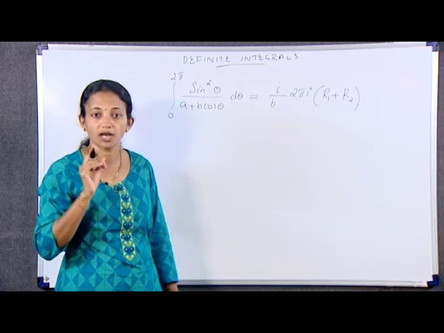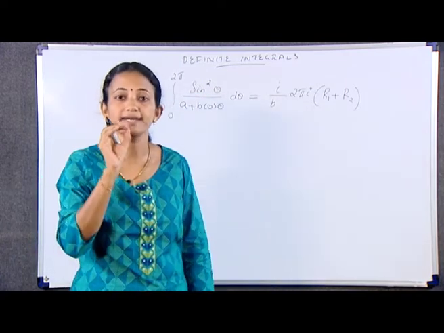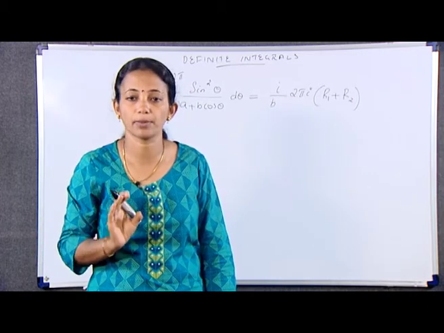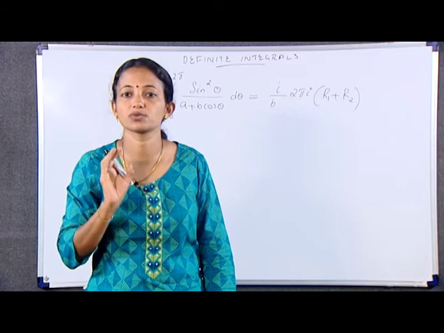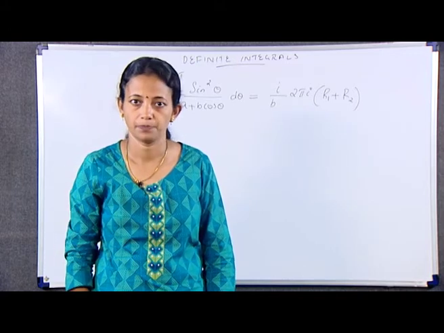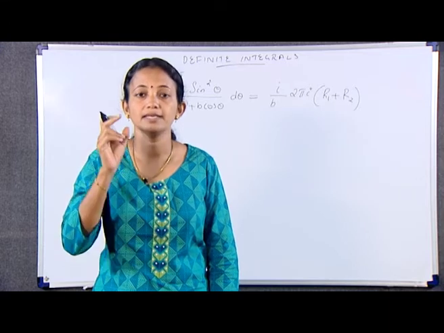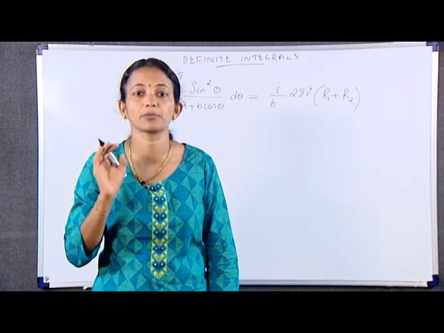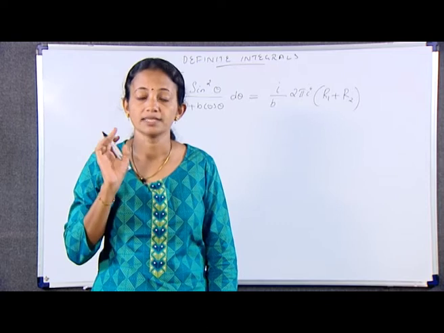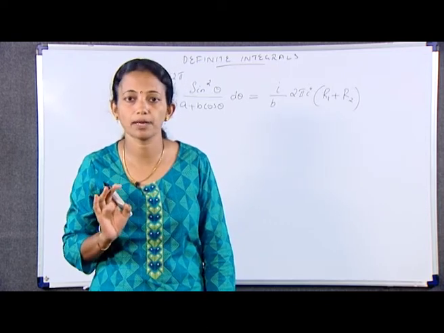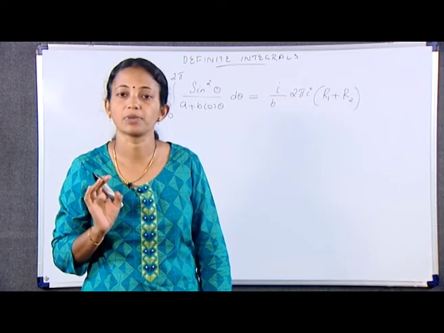where R1 is equal to the residue at z equal to 0. The function is (z square minus 1) whole square by z square into (z square plus 2a by b z plus 1), which is equal to limit z tending to 0 d by dz of (z minus 0) whole square into (z square minus 1) whole square by z square into (z square plus 2a by b z plus 1).